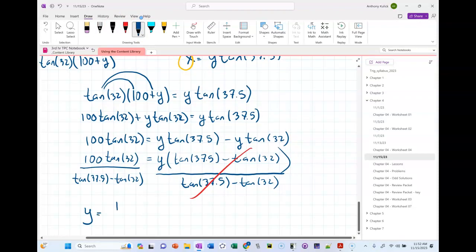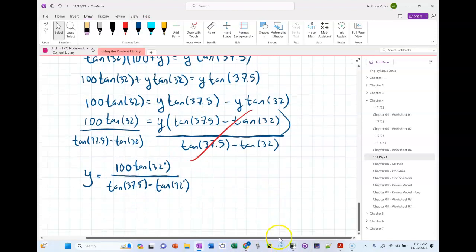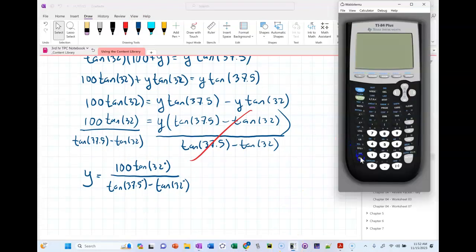So, into my calculator, this is what we're typing in. Now, this is a sort of problem that screams, please use the fraction command on your calculator.